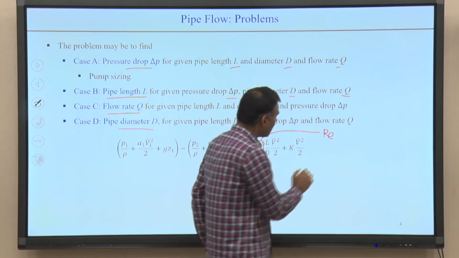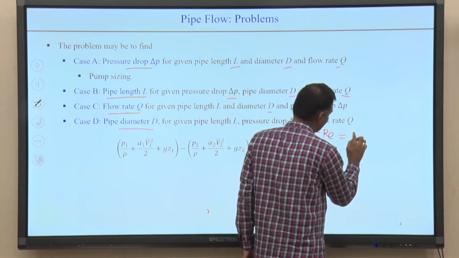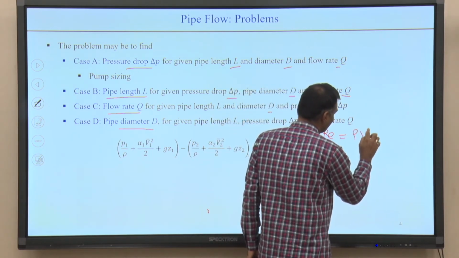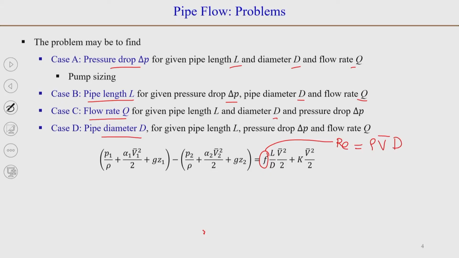But Re is a function of rho V bar D over mu. V bar is basically Q over pi by 4 D squared. So, the Reynolds number has in its definition D as well as Q.